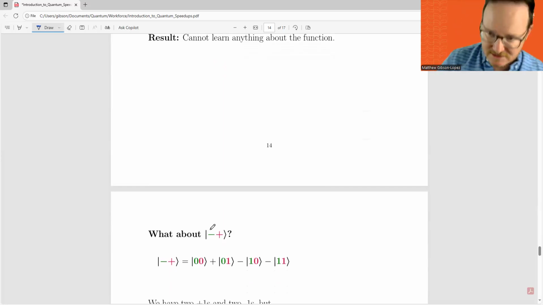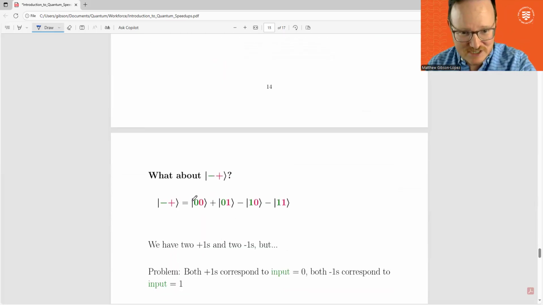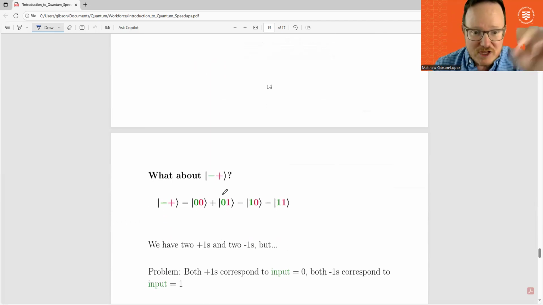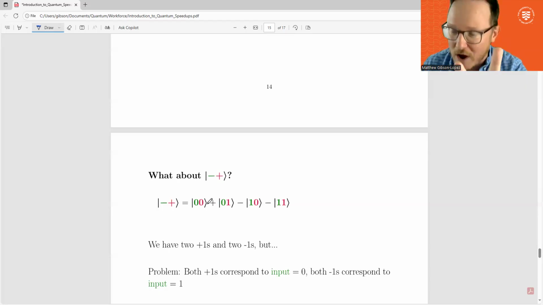If I do minus plus, this gives me two plus ones and two minus ones: plus for 0, 0, plus for 1, 1, minus for 1, 0, minus for 1, 1. What happens here? The problem is the two plus ones are both tied to the input bit being 0, which means if you swap the signs or not, you're not going to see a change in the signs for these two things. If I swap, you're swapping the plus ones again. The two minus signs go on when the input bit is 1.